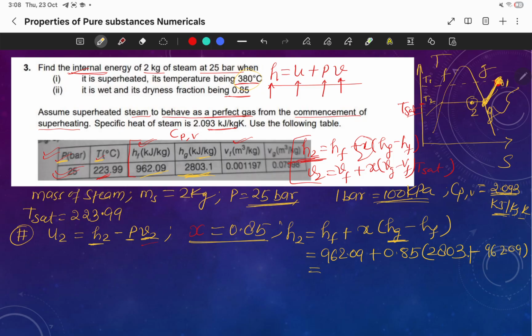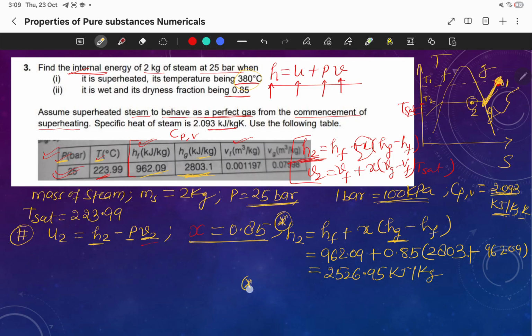Okay, do this, we will get h2 as 2526.95 kilojoule per kg. Okay, so this is the H2 value.